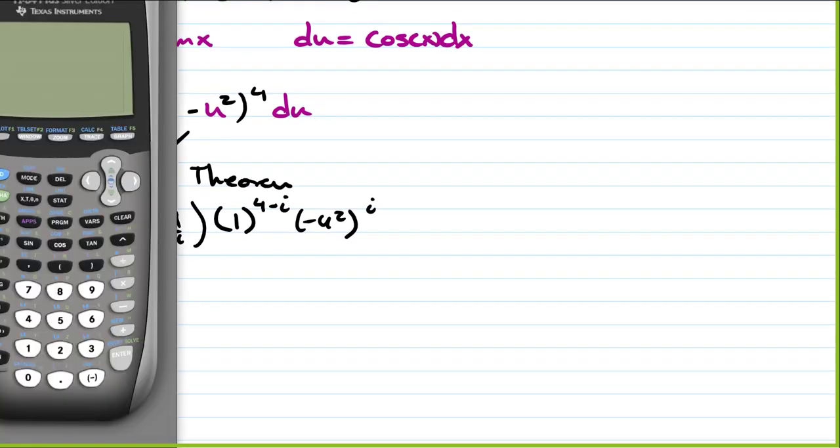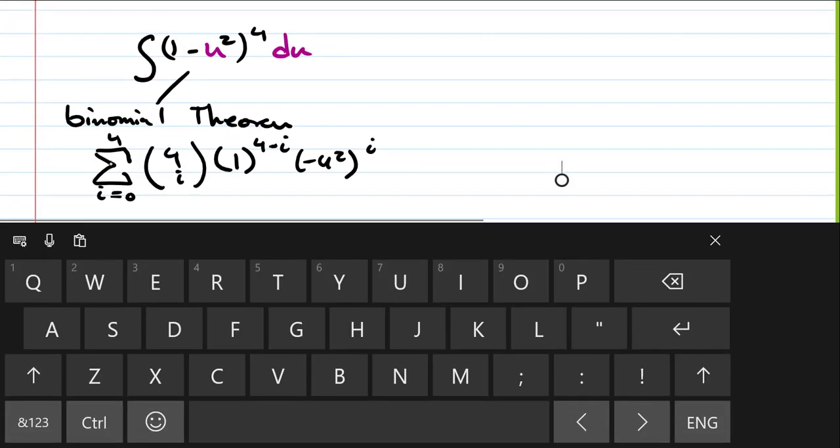So once again, if we generate our table on our calculator, we go to our y equals, and this time we want 4. I don't want the graph, I want the table. Scroll back up. So our coefficients are 1, 4, 6, 4, 1.